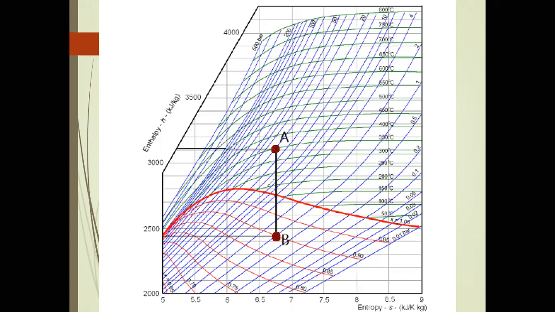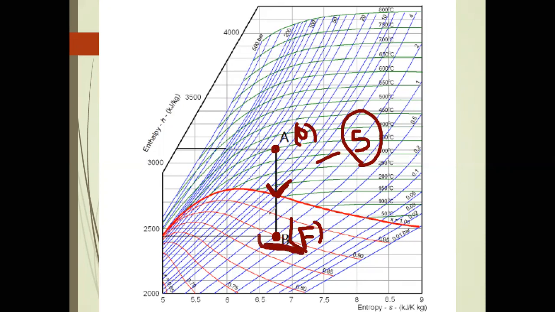Now this is the initial point A, the original point, and the final point is B. The question was, what is the final condition of the steam? You can see that the original point was in the superheated steam region. So the initial steam was superheated steam, but after this process, the final point is in the wet steam region, isn't it?